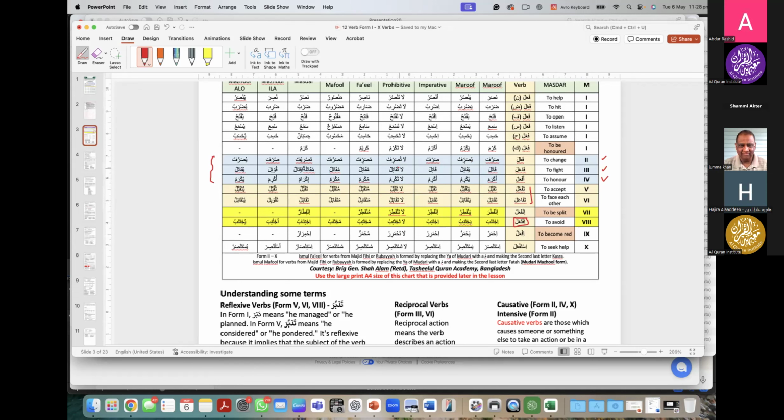But with Forms 2, 3, 4, it's tusarrif, la tuqabil, la tukrim. These three. Otherwise, this is ta ending. Okay, clear? Yeah.